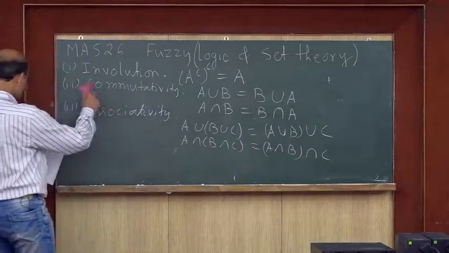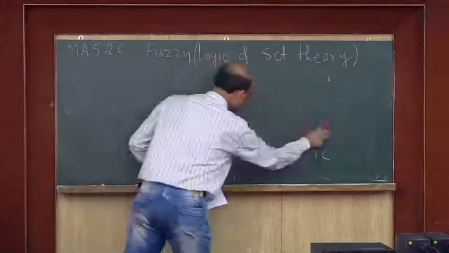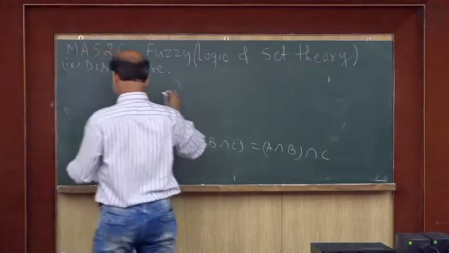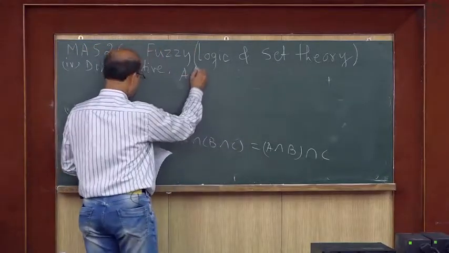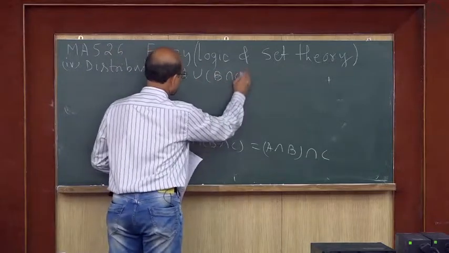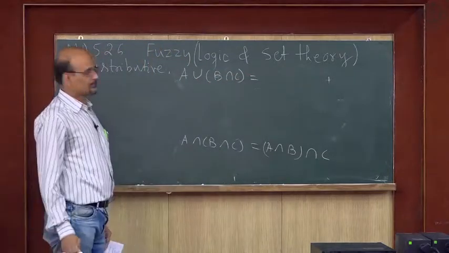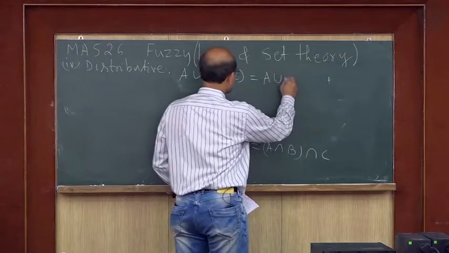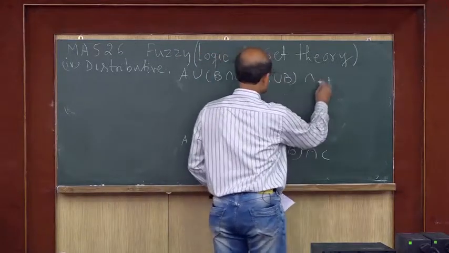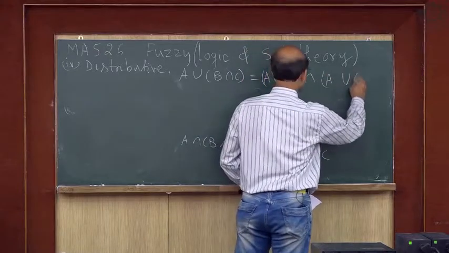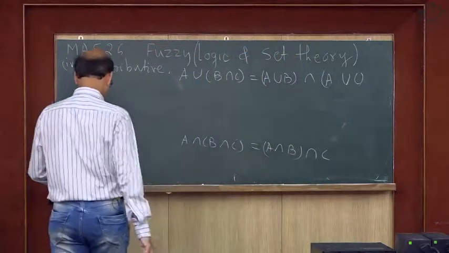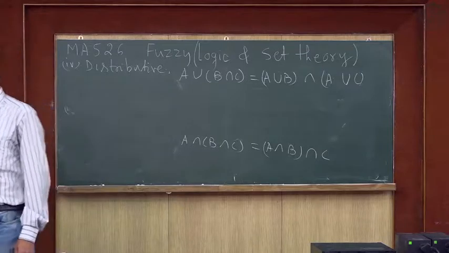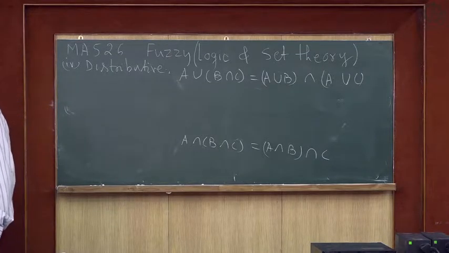Then comes distributive. This is for union: A union (B intersection C) is (A union B) intersection (A union C), as you do A into (B plus C) equals AB plus AC.